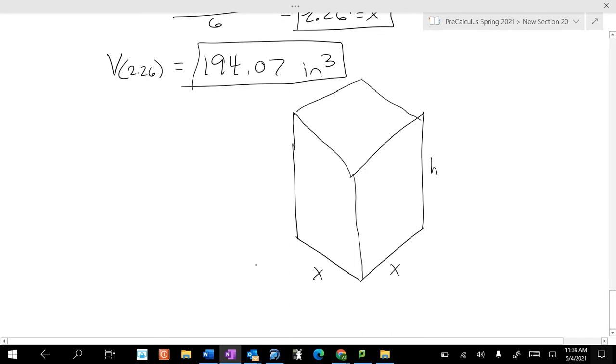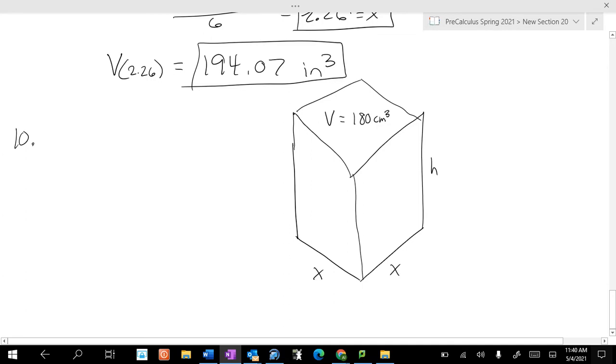And we know it has a volume equaling 180 centimeters cubed. This is question 10. The volume is 180 centimeters cubed. What are the dimensions of the box?